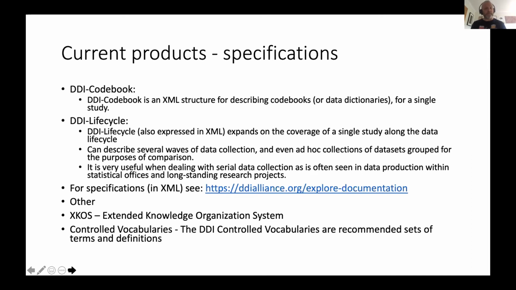And then we have a couple of the other areas, which I'll touch on in a moment, that are not current products or specific metadata specifications. These are tying into the vocabulary services. For the specifications themselves in XML, and I put links throughout the document, you can find the details of those specifications.